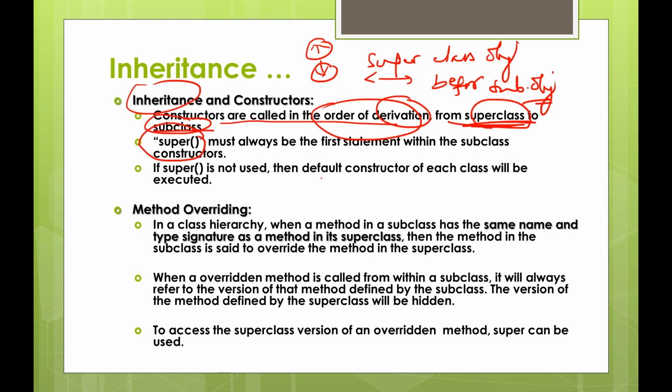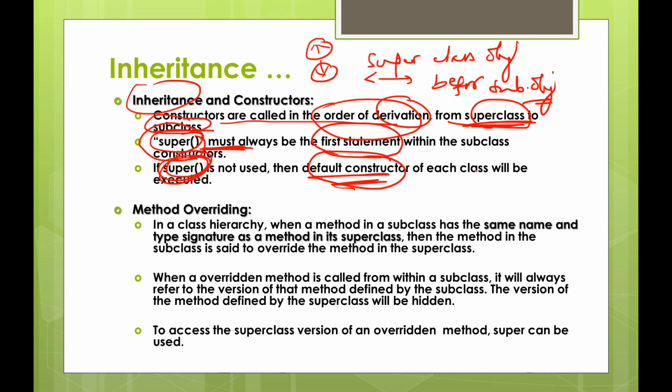That is why we must always have the first statement as a call to the superclass's constructor. So if we don't use the superclass constructor, Java will insert a super call to the default constructor of the superclass. We have seen that example in our previous session.